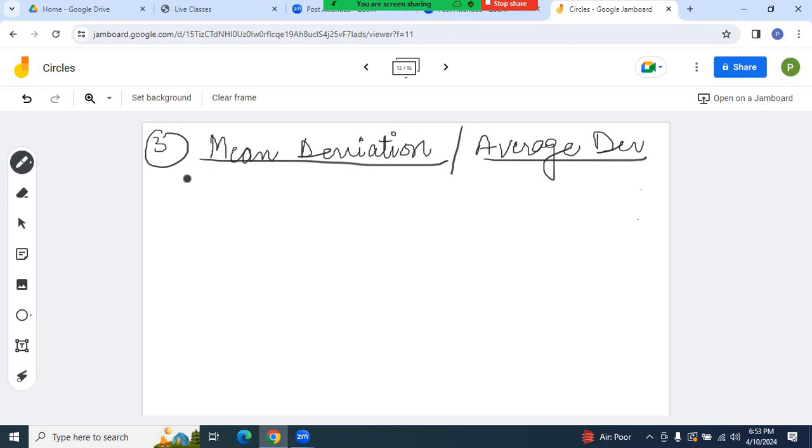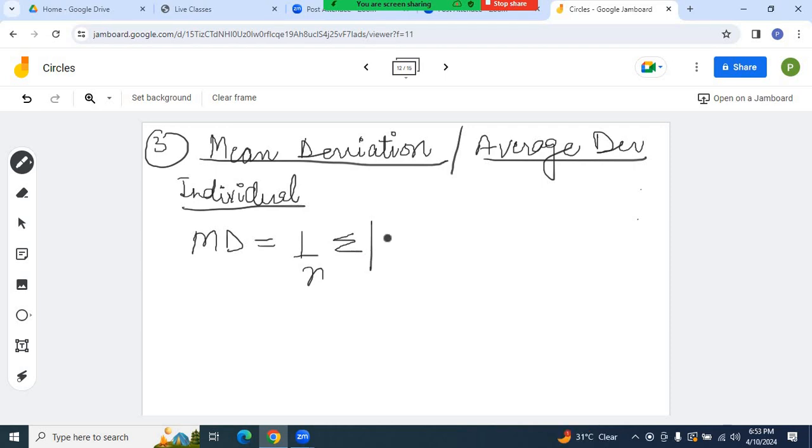So for individual series, the mean deviation formula will be 1 by n summation, I hope you know the meaning of the symbol summation, summation means sum of all values, modulus x minus A. And A you all know, A is the assumed mean.